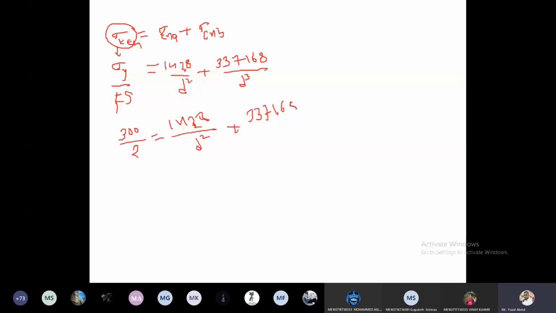Simplify this equation and you will get the answer D. Tell the answer in terms of mm, not in meters.